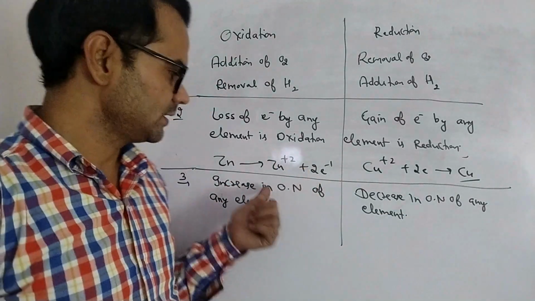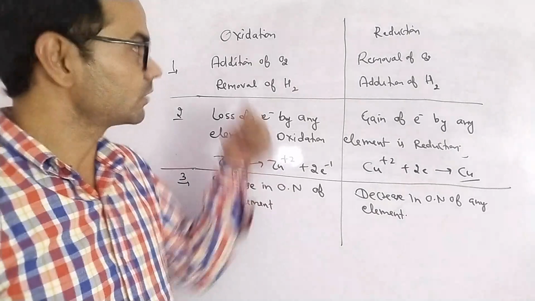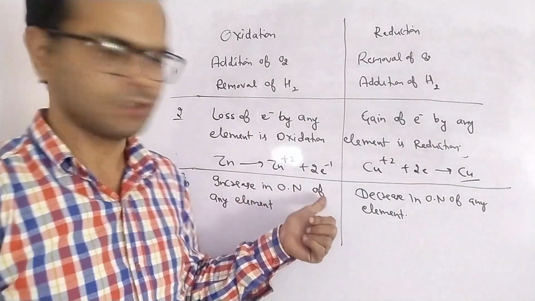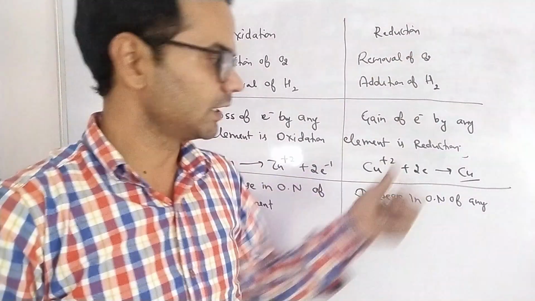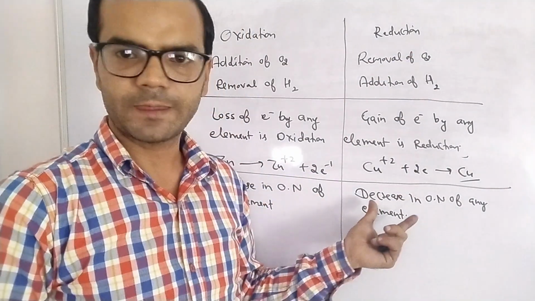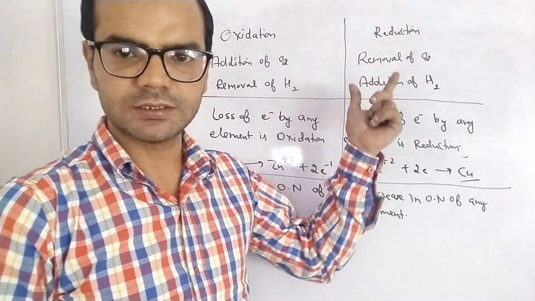Oxidation is increase in oxidation number of any element, and reverse of it is reduction. Decrease in oxidation number of any element is called reduction.